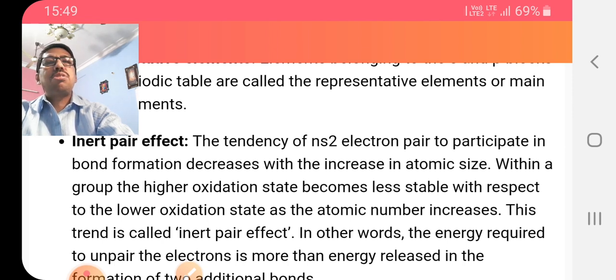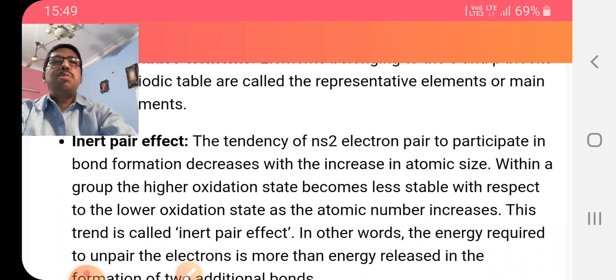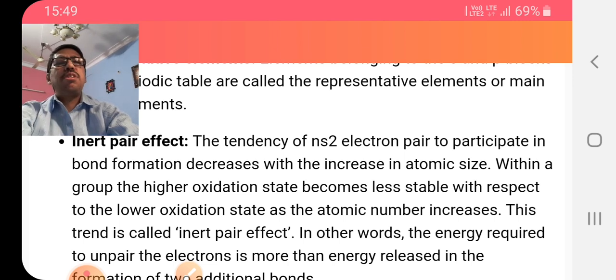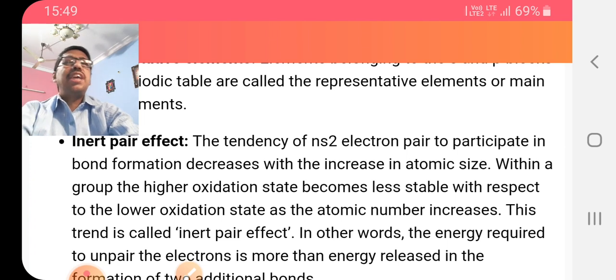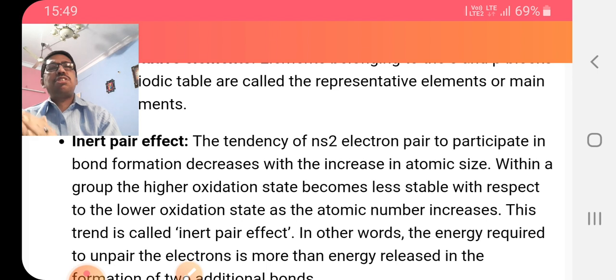Now, why is it called inert pair effect? Because on moving down the group, the tendency of the ns2 electron pair to participate in bond formation decreases, and that is why the ns electrons remain inert during bond formation, as a result of which the higher oxidation state becomes less stable as compared to the lower oxidation state.